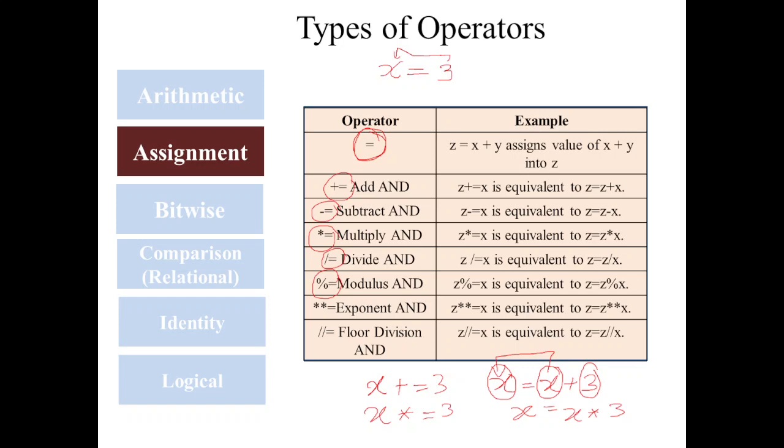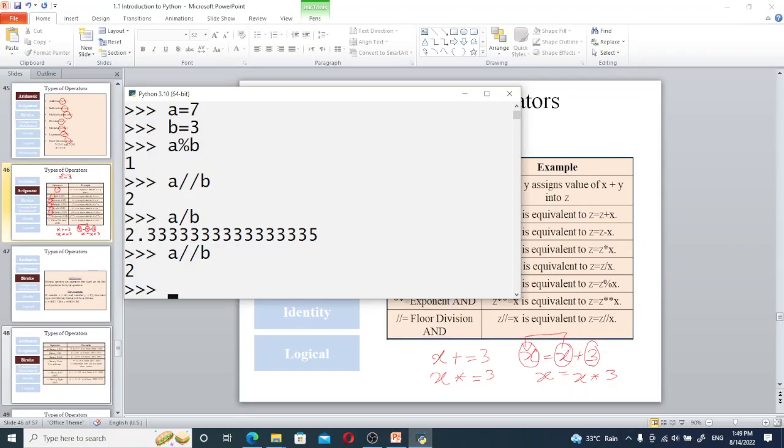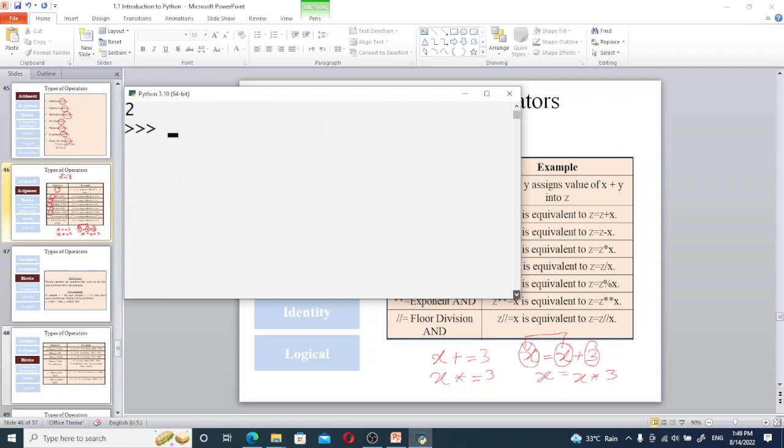I will use just any two or three of them so that you get clear with it. For example, I define a variable x is equal to 3. I write x plus is equal to 3, and now I check x, which is 6. What happened? x became x plus 3, which means 3 plus 3.